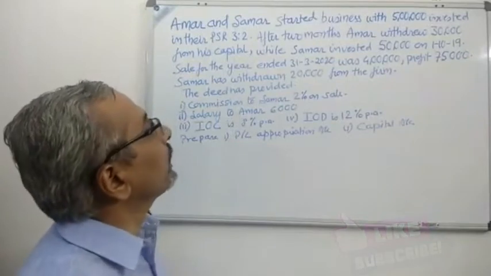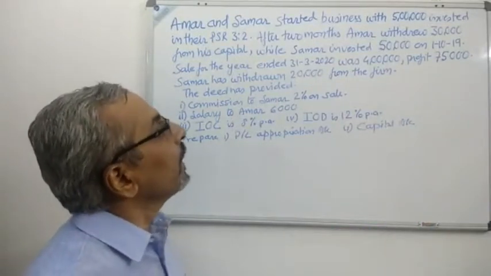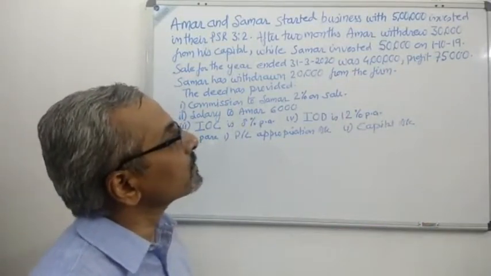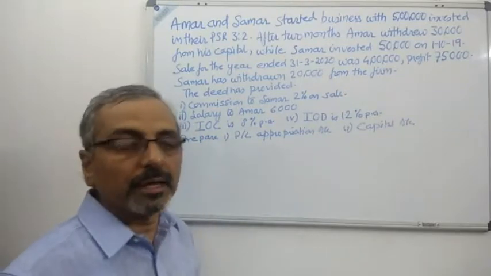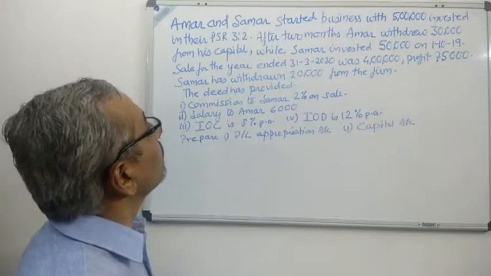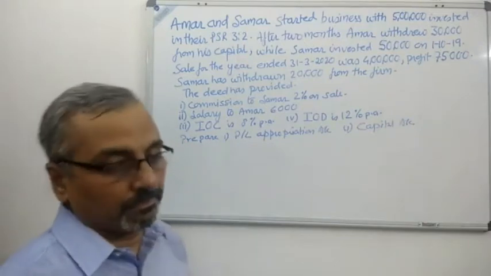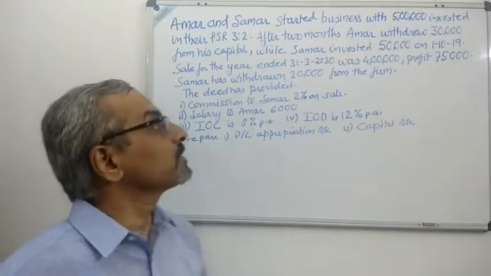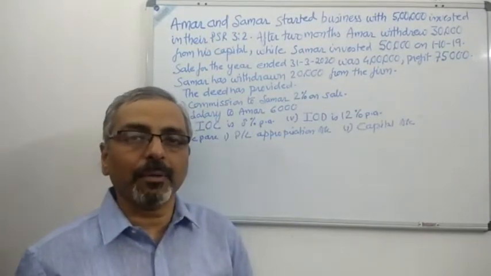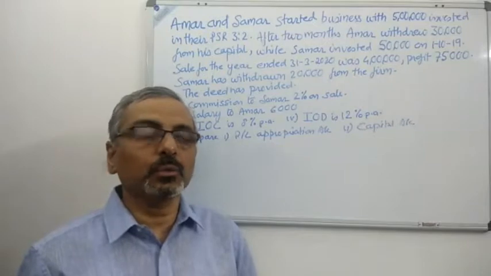Now there are two partners, Amar and Samar, and you can see they have started business with 5 lakh, invested in their PSR 3:2. What does it mean? It simply means that the first partner, Amar, has invested 3 lakhs and the second partner Samar has invested 2 lakhs.